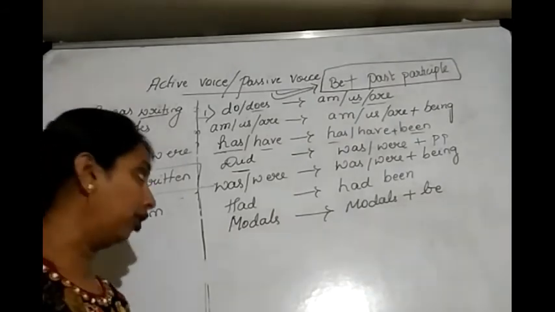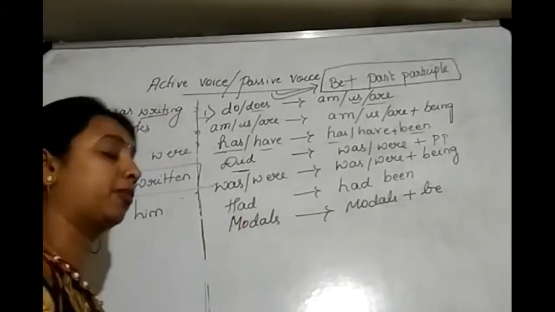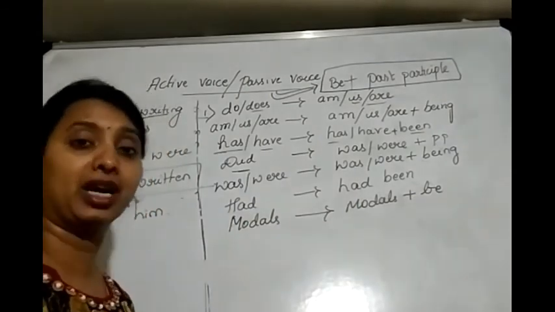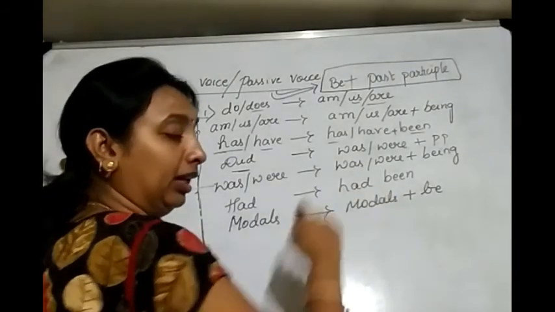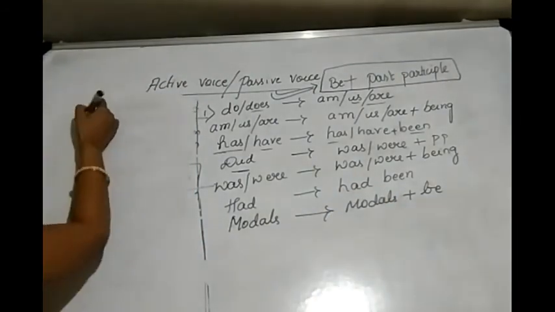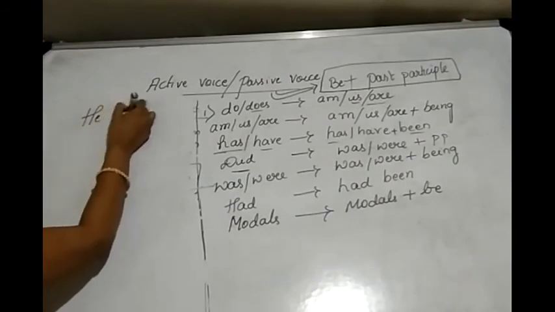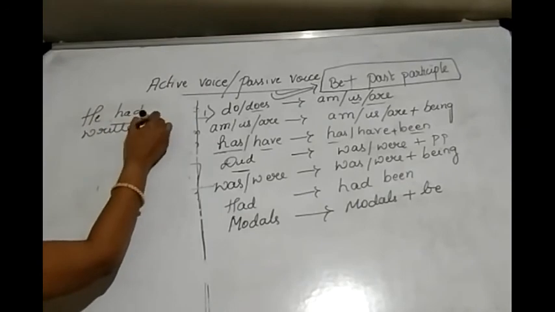We will go for past perfect sentence. So in past perfect, we use had plus past participle. So this had has to be changed into had been in the passive voice. We'll take one example. He had written a book.